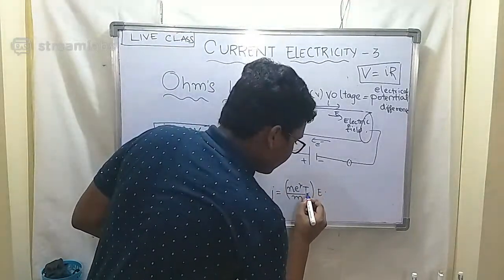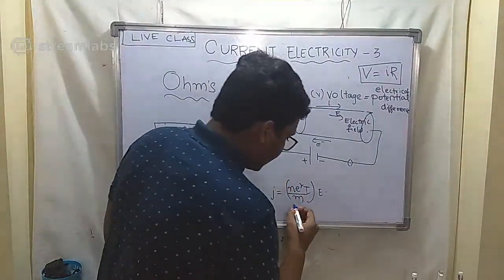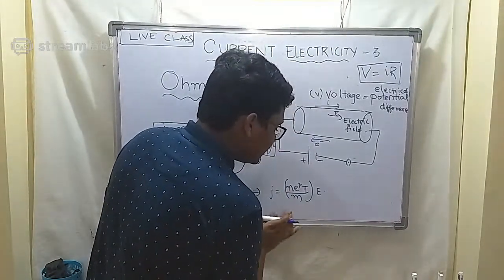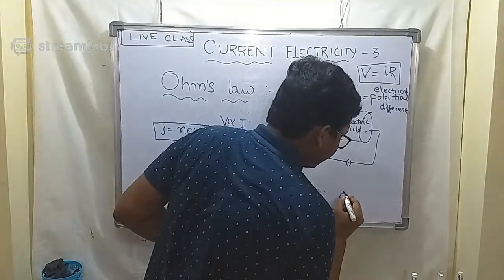So this whole constant part is called sigma. That sigma is the conductivity.